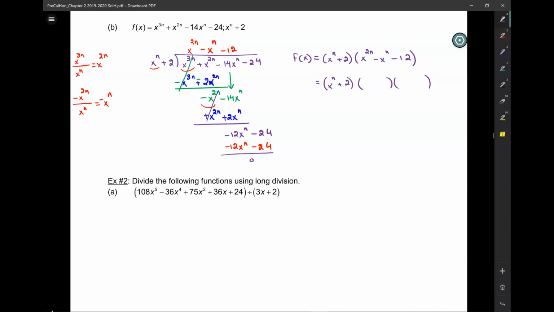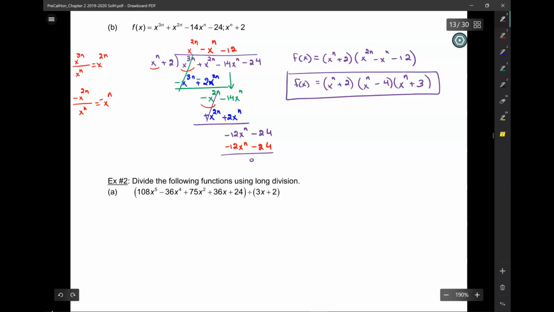And that's how you can factor in quadratic form. So now, instead of putting x and x, I'm going to do x to the n, x to the n, so that when you multiply them together, you get x to the 2n. So now I have minus 4 plus 3, and that's my factored form.